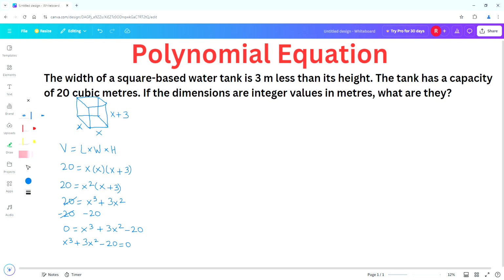There is an invisible 1 with x cubed. The number term is negative 20. Since the leading coefficient is 1, the factors of the number term are the possible x values for which this polynomial value will be equal to 0. So the first step is to write the factors of 20.